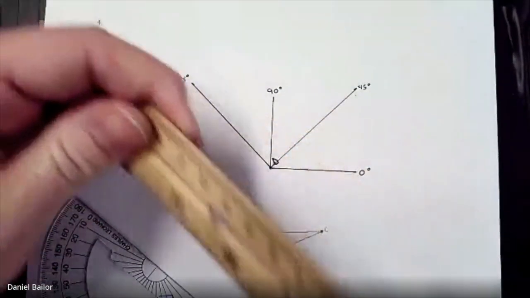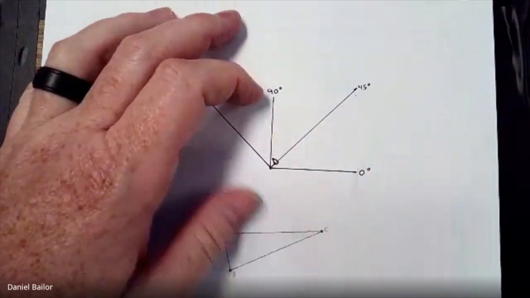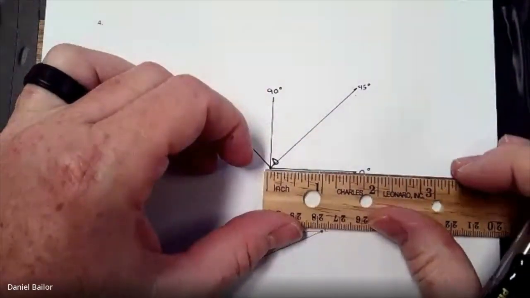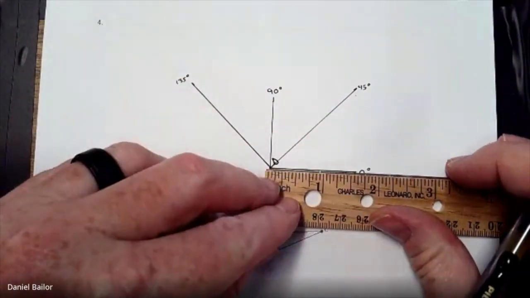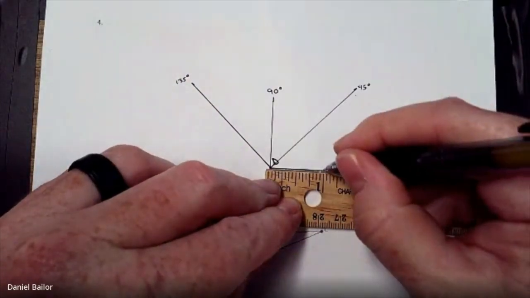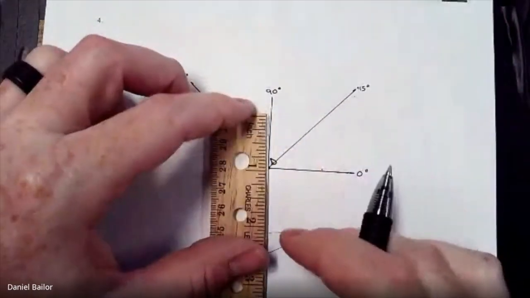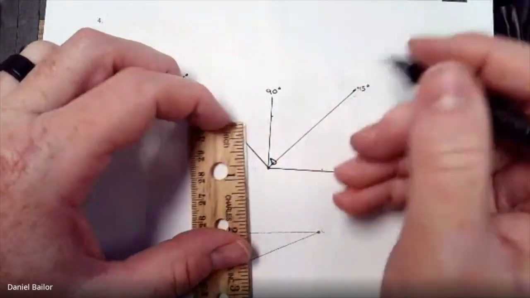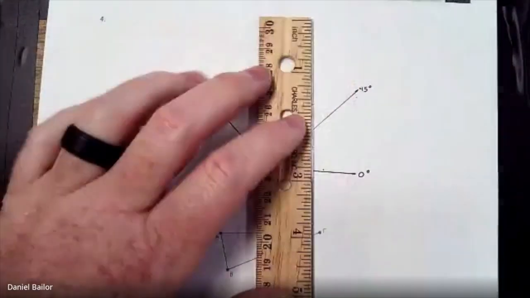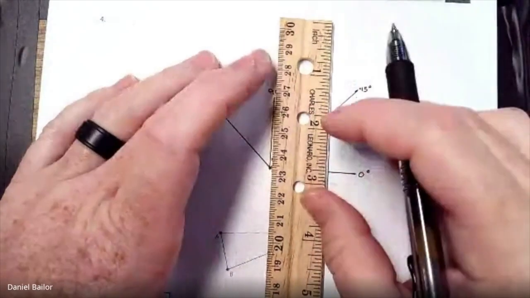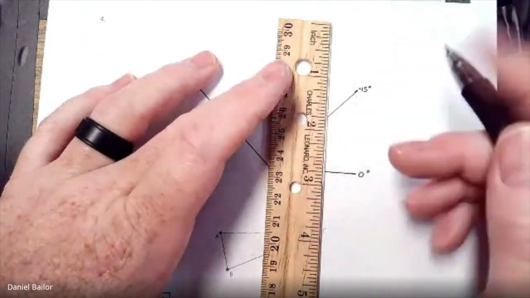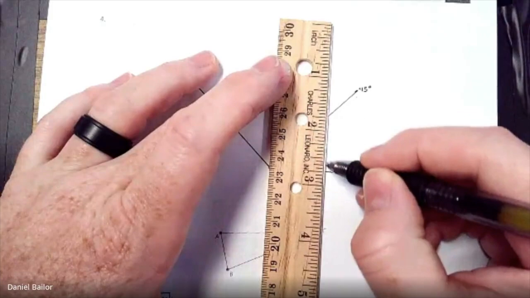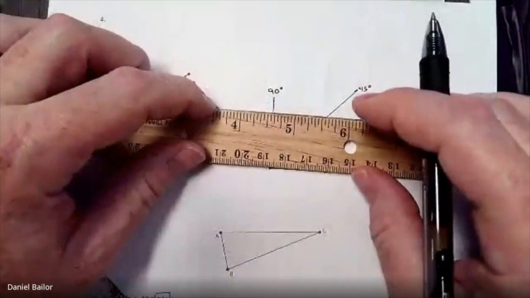So after you have 90, you go an inch toward 0, and you go an inch toward 90, and you make a little bit of a box.